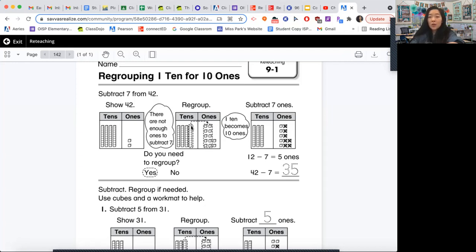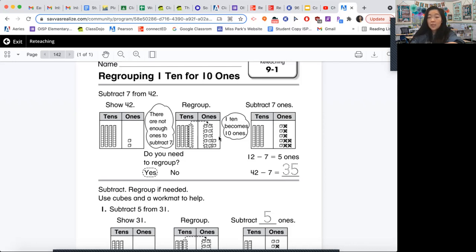So they send one of their tens over and they can't fit through the door. If a 10 tries to go into the ones place, they're not going to fit. They're too big. So they have to break apart into little ones pieces in order to become ones. So 1 ten becomes 10 ones. So now instead of there being only 2 ones, we've added 10 more.